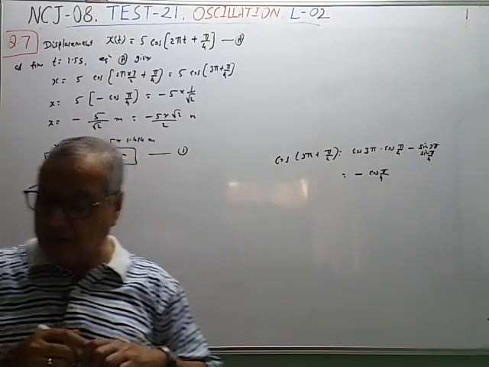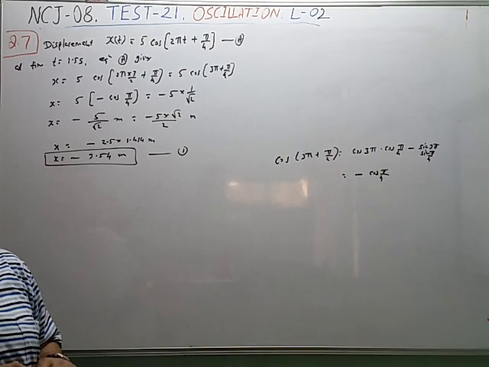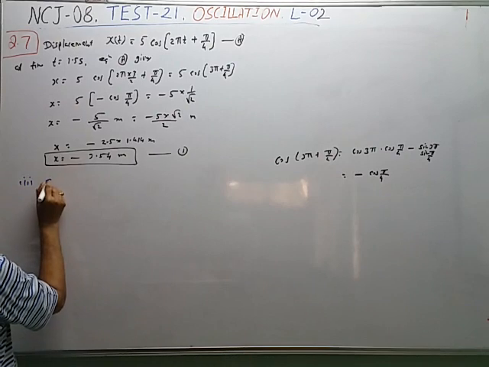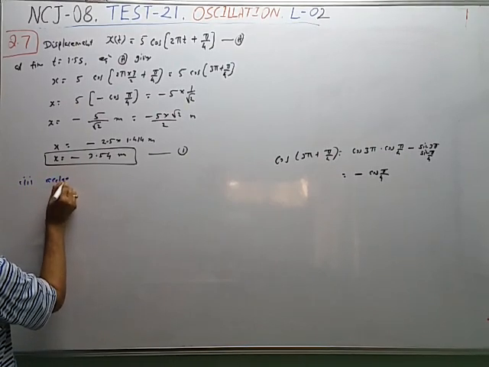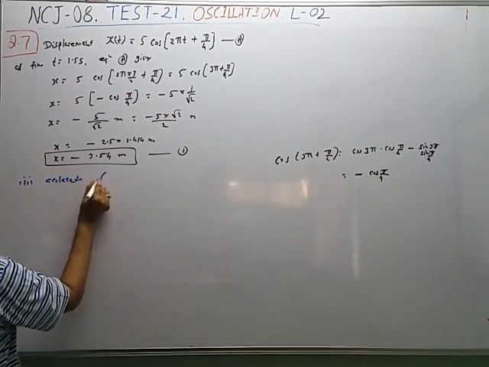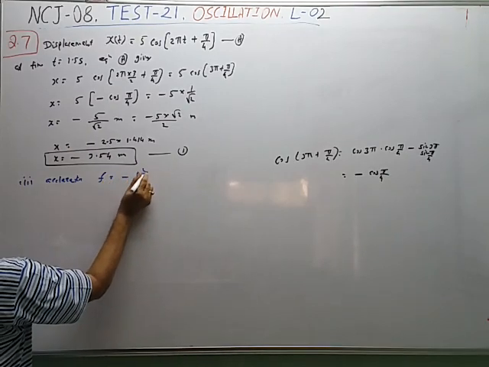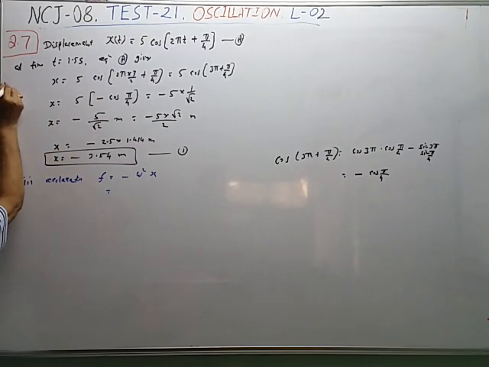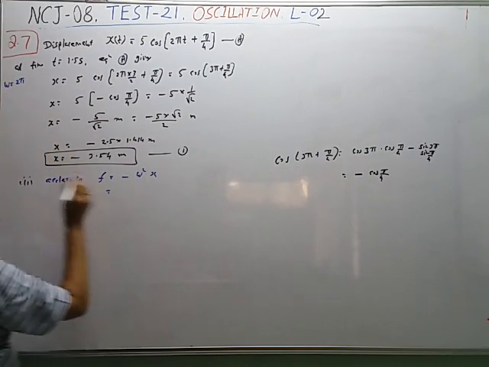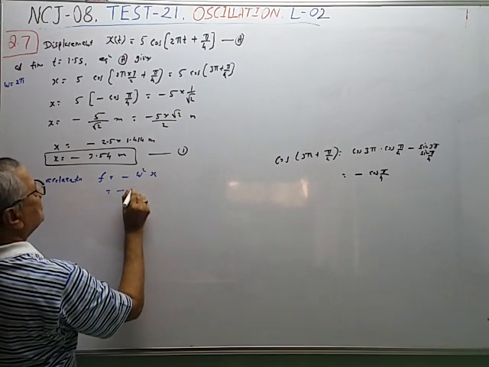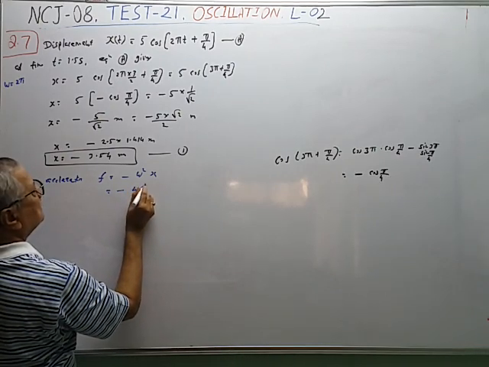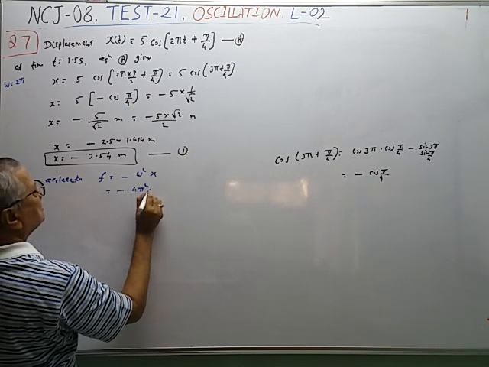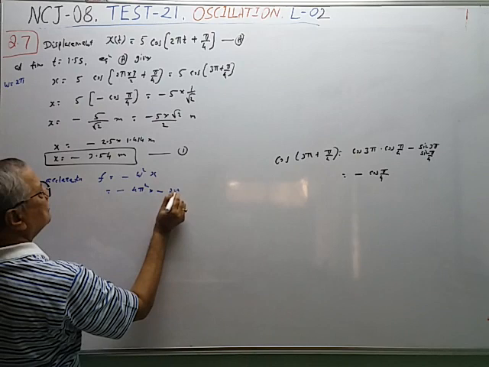Now we have to find acceleration. Second part. Acceleration a is equal to minus omega square x. So omega is equal to 2 pi. So minus 4 pi square multiplied by minus 3.54.